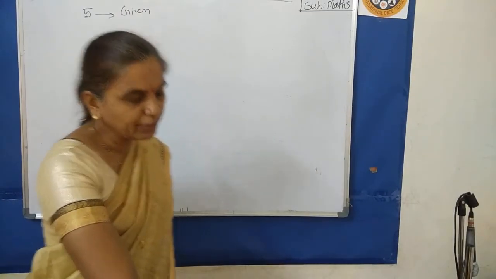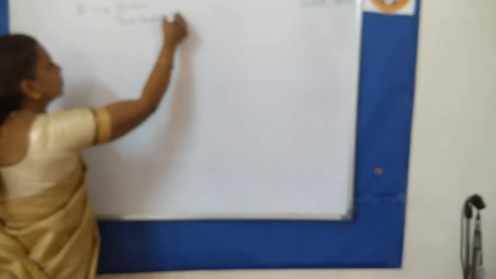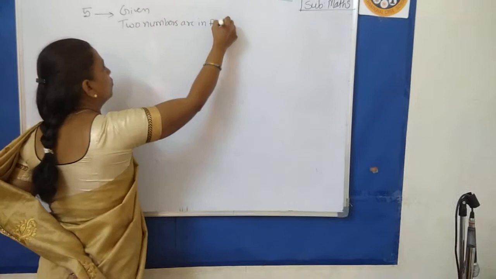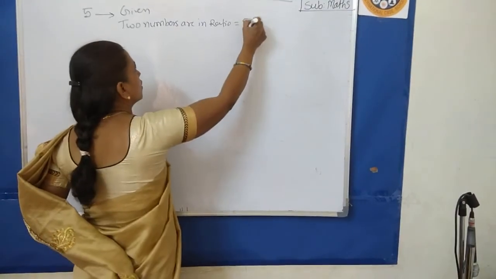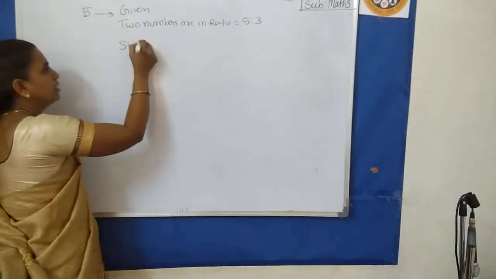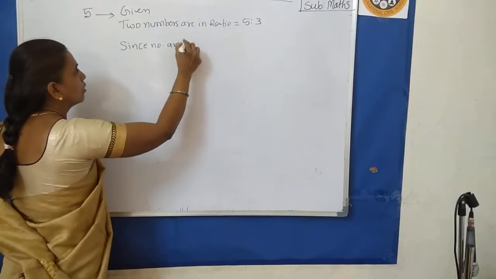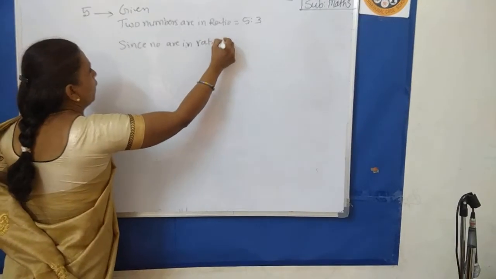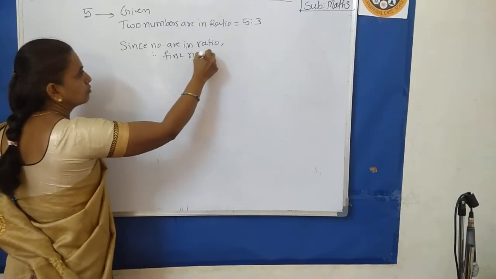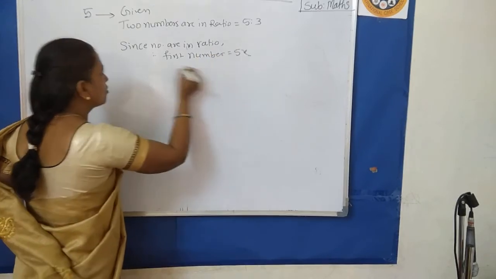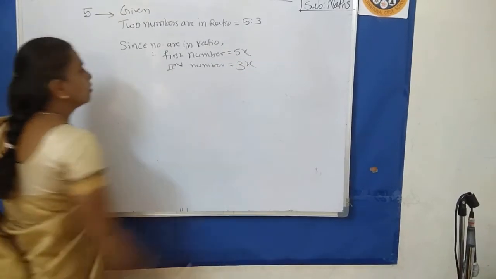Two numbers are in the ratio 5:3. Since the numbers are in ratio, the first number is equal to 5x and the second number is equal to 3x. What is the next given here?